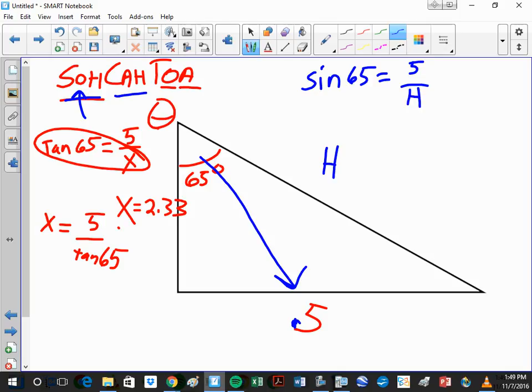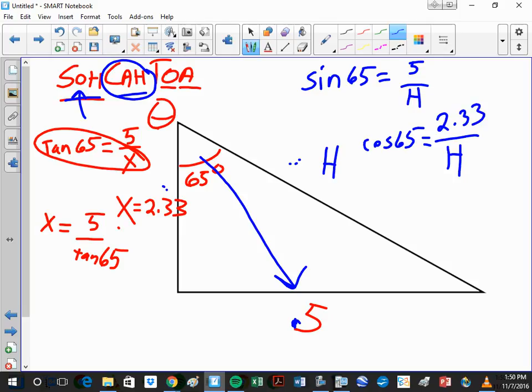What if I went the other direction? What if I use the cosine? The cosine of 65 would equal, what is the length of the adjacent? Adjacent means next to, but both of these are next to, except the hypotenuse is always h, and the leg that is next to the angle would be 2.33.